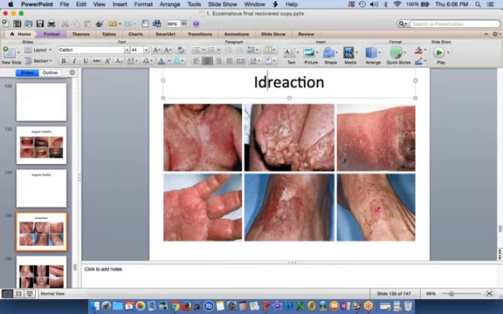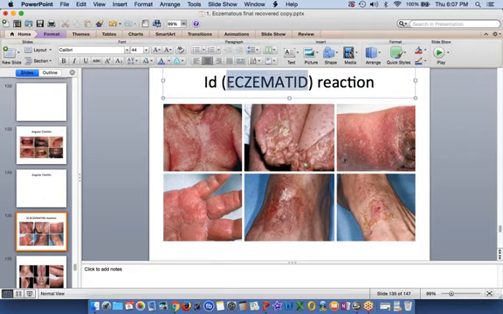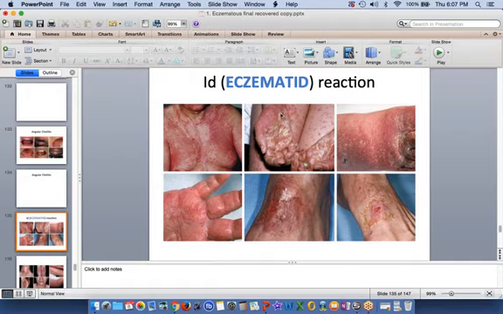The id stands for... Often you'll find dermatologists tend to abbreviate an eczematid by stating that it is just an id reaction, but it's really known as an eczematid.